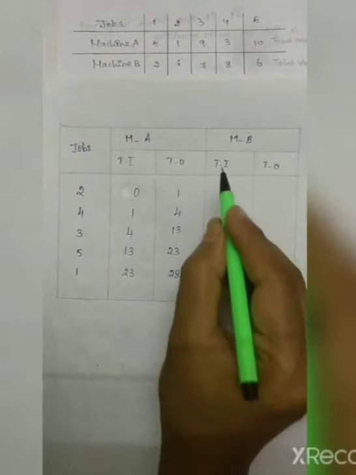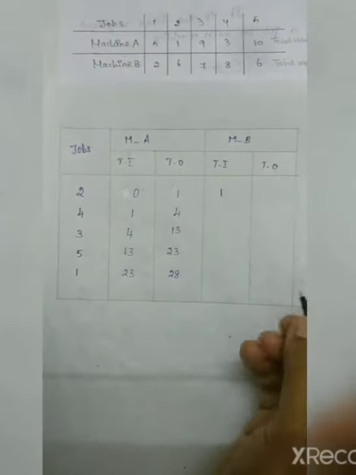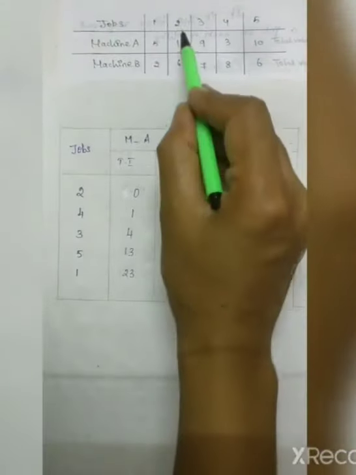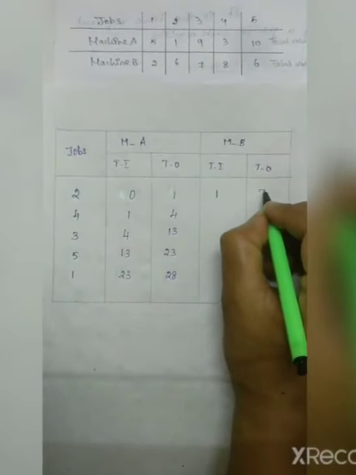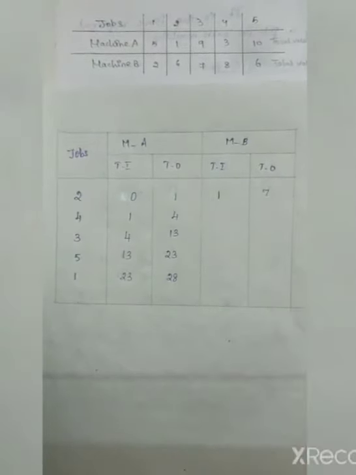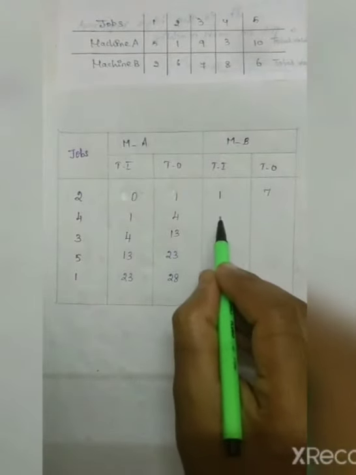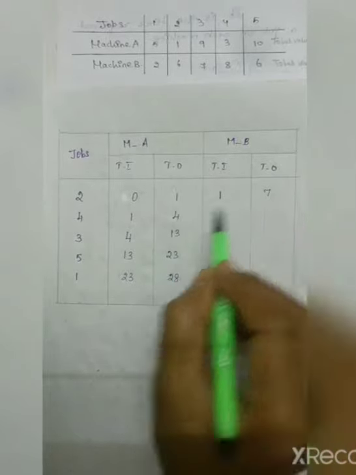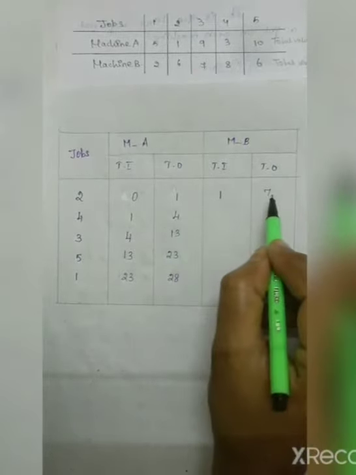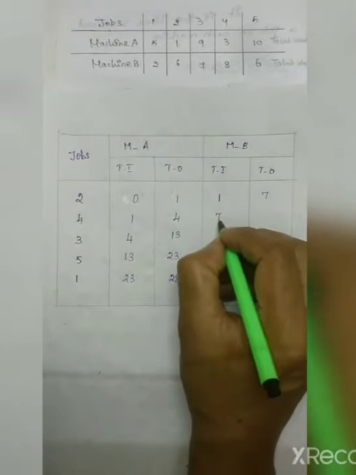Now the time in for job 2 is 1. So time out will be the processing time. For machine 2 the processing time will be 6. So here you have to write 1 plus 6 is 7. So for the next time in, you have to listen, comparing these two values, 4 and 7, whichever is biggest should appear here.